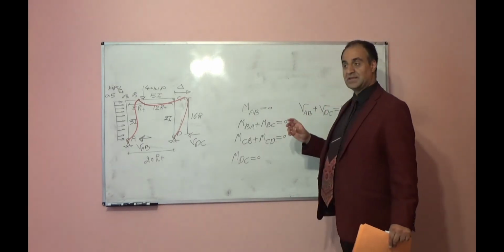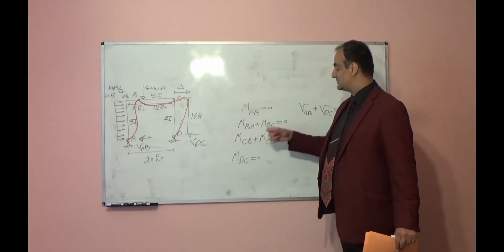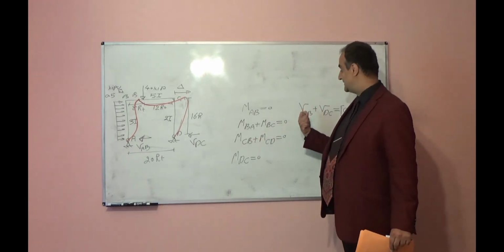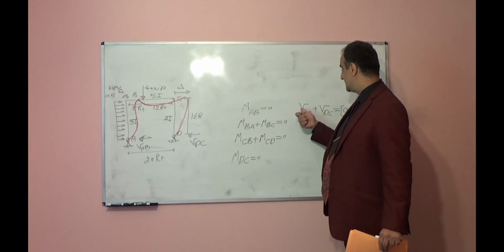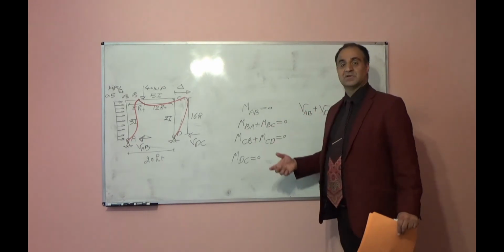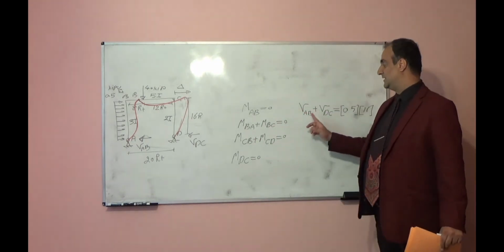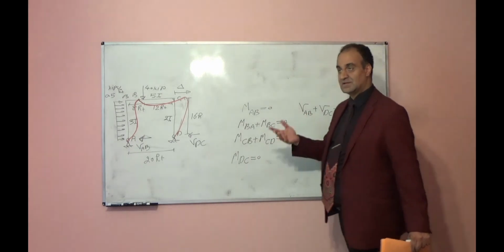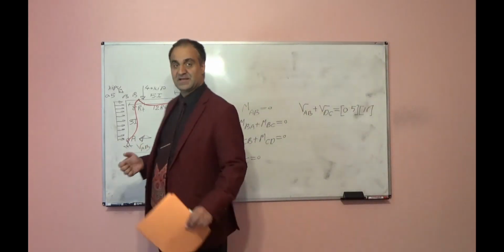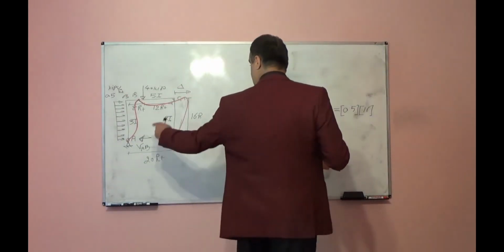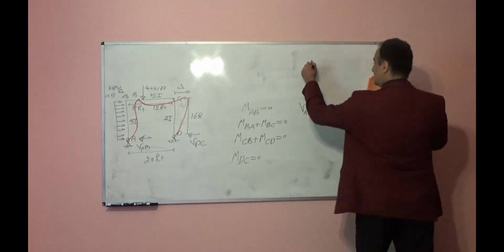Because all M's are in terms of theta, I should bring V in terms of M. In that case our V, the shear force, will be in terms of theta as well. Look at the free body diagram for column AB.